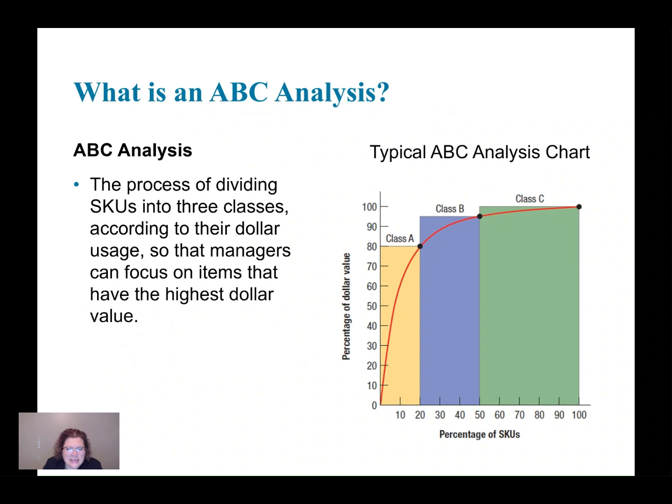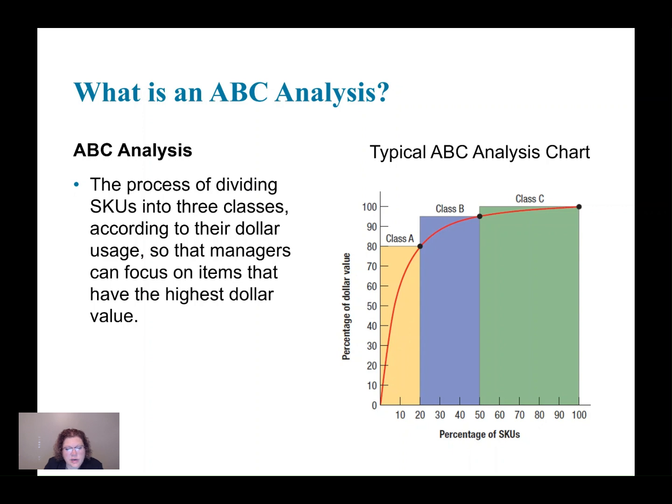Class A items are the most important. They're only 20% of your overall inventory items, but they're 80% of the value. You can consider this 80% of the value in terms of critical to your final product or 80% of the dollar value of those items. People can take both perspectives.